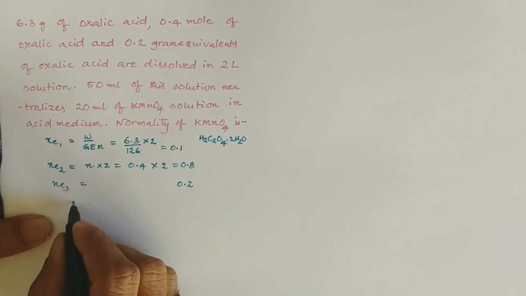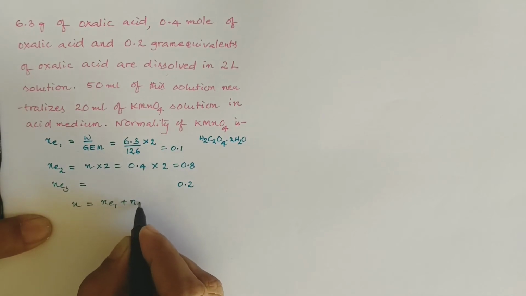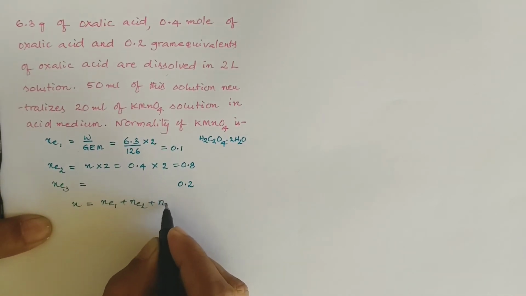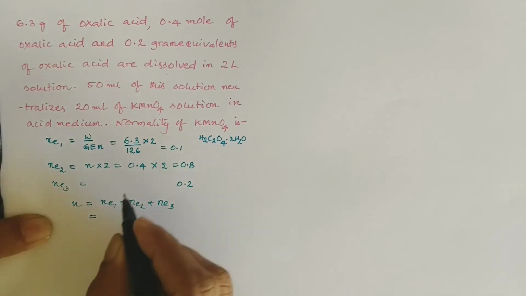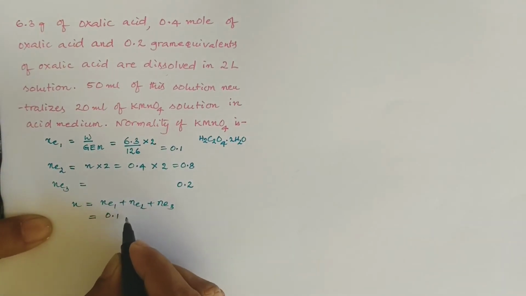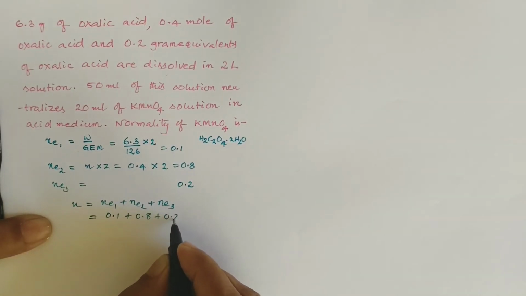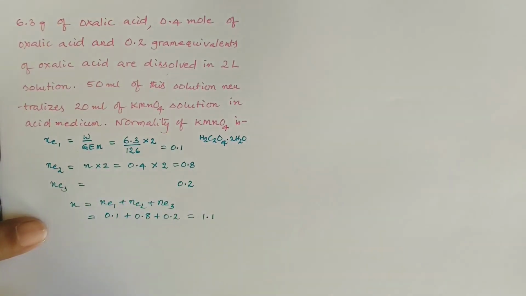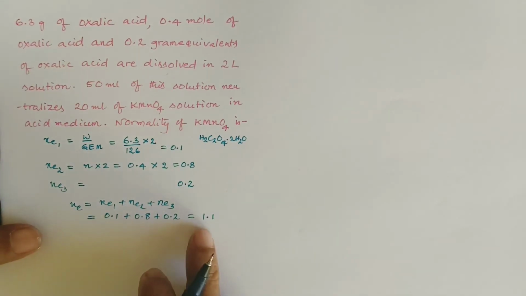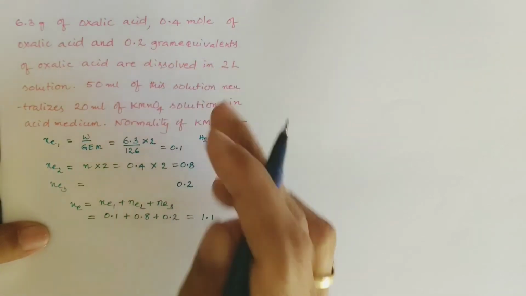So what is the total number of equivalents now? Ne1 plus Ne2 plus Ne3, right? So that is equal to 0.1 plus 0.8 plus 0.2. That is equal to 1.1. So 1.1 equivalents are present in 2 liters.